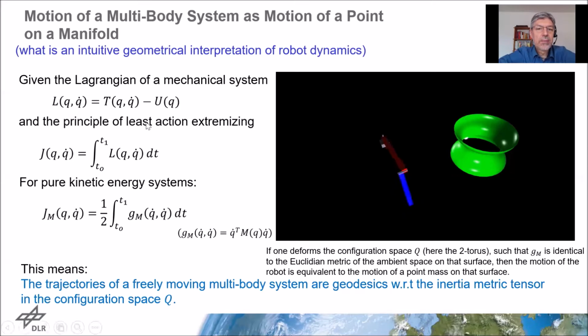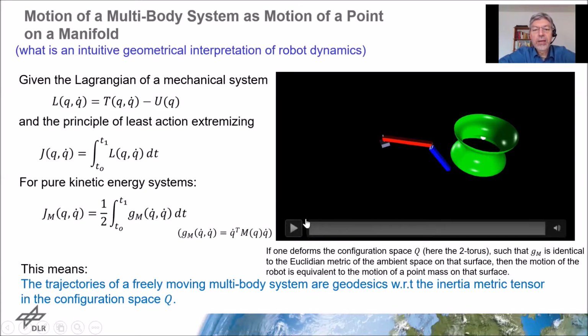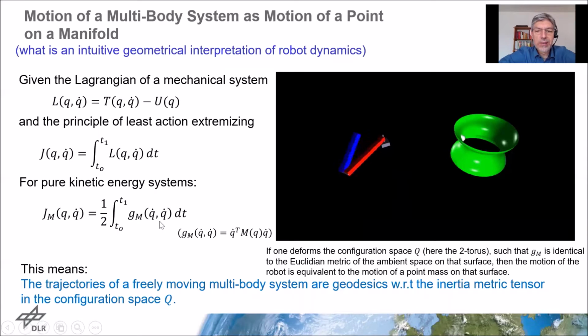Which means that the principle of least action just tells us that trajectories of a freely moving multi-body system are geodesics with respect to the inertia metric tensor in the configuration space Q. Actually, you can show this analogy even more by finding a manifold which really embeds this metric.